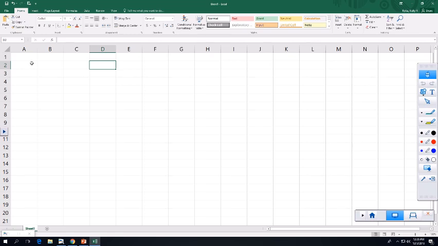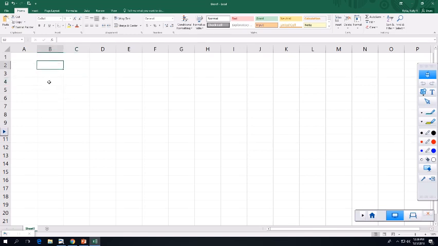Now, I can move around in my cells by either clicking with my left mouse button in whatever cell I want to go to. I can use the up, down, left, right arrows, or I can use the enter key also, okay? So you can move really easily around in each one of those cells.